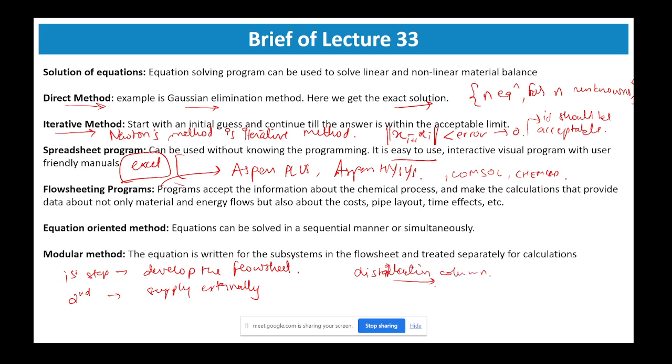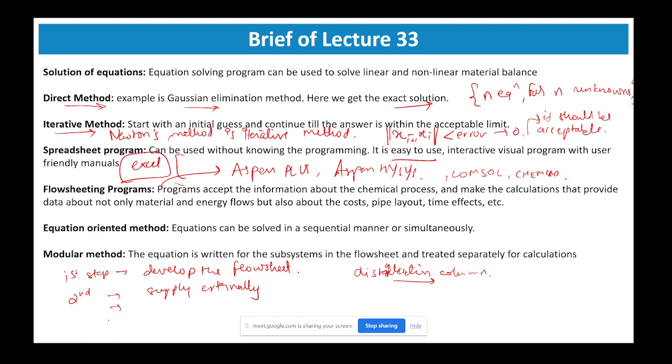For the solution of a distillation column, what all data you need is already there in that tool. For example, if you are using Aspen and you choose a distillation column, it will already show what data you need to give to this program. So you supply the data externally.